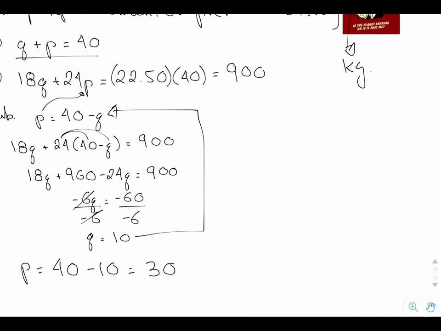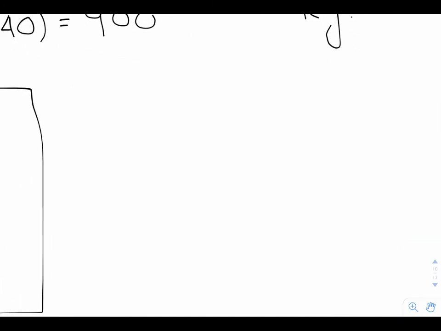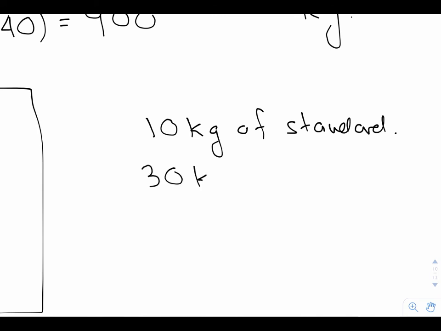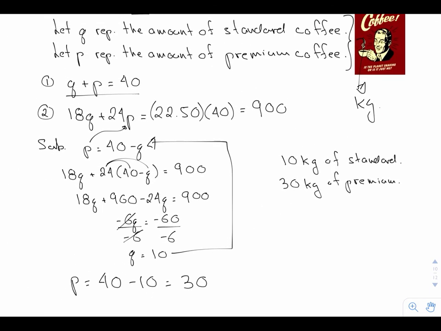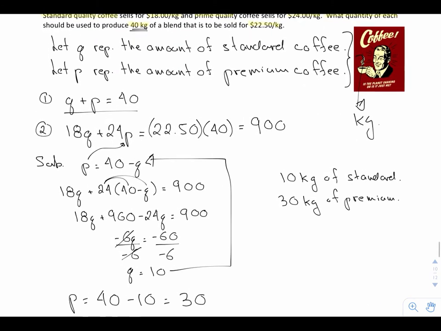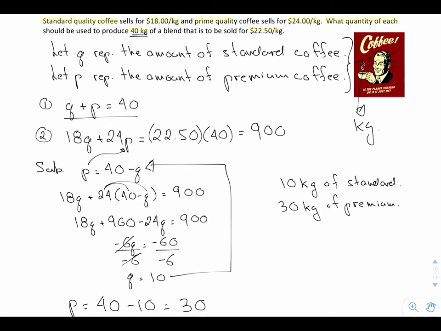So in the end, I need 10 kilos of standard and I need 30 kilos of premium. And there you have it. There is the blend, the mixture you need for each one to make a 40 kilo blend that is $22.50.